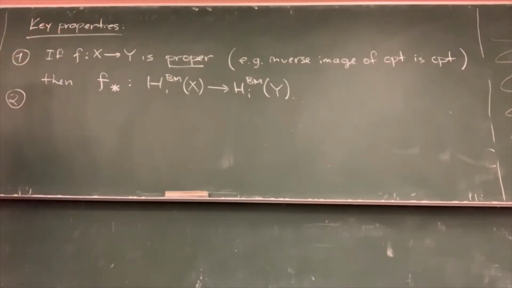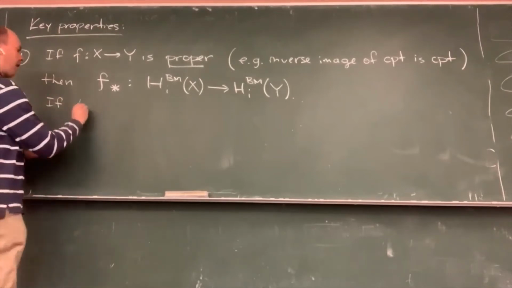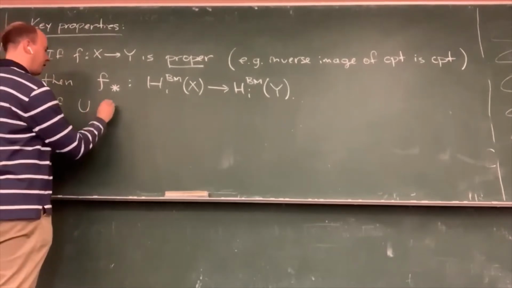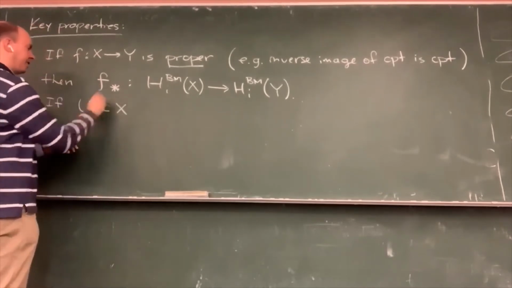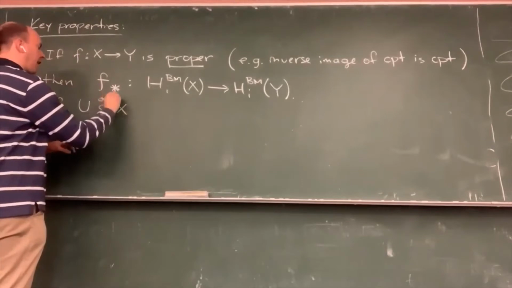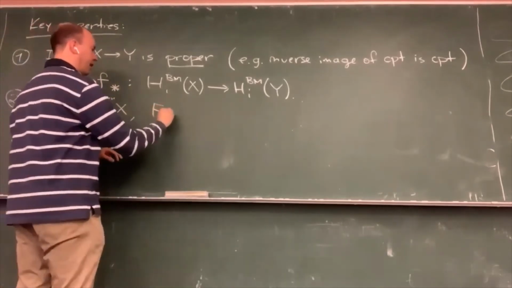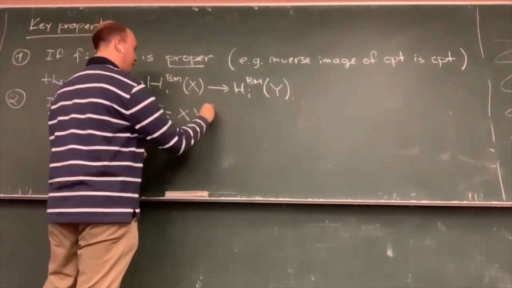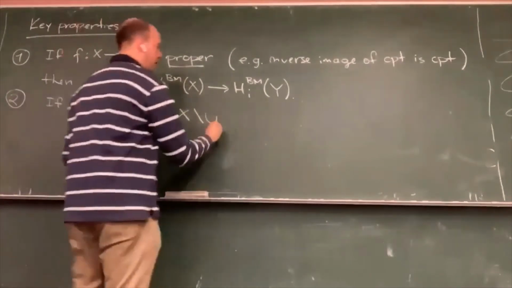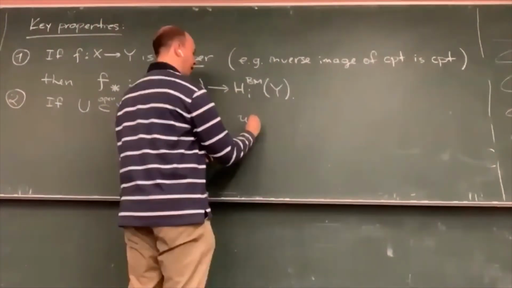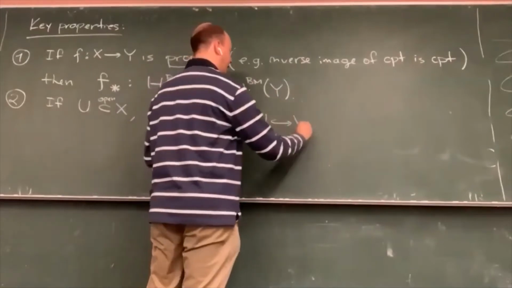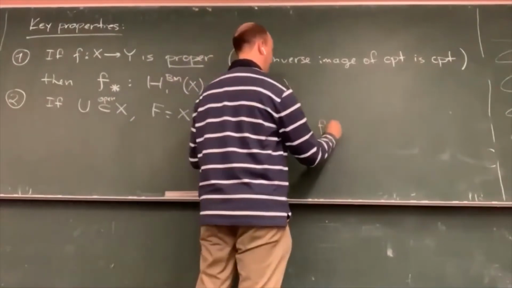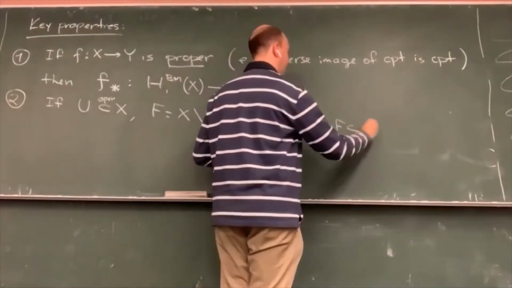So firstly, if you have an open subset of one of these spaces, and say you let F be the complementary closed subset, and I'll write U, lowercase u, for the inclusion of U in X, and lowercase f for the inclusion of capital F in X.